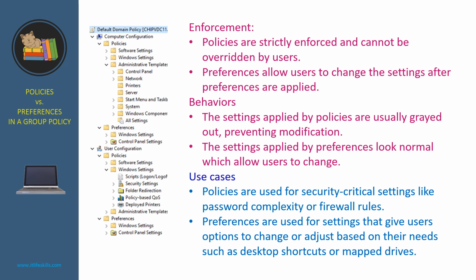So what are the use cases for policies and preferences? Policies are used for security critical settings like password complexity or firewall rules. Preferences are used for settings that give users options to change or adjust based on their needs, such as desktop shortcuts or mapped drives.